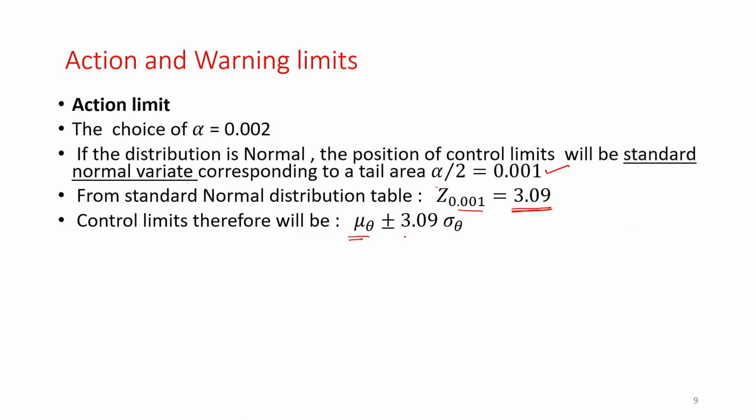Mu theta plus or minus 3.09 sigma theta. The value of Z is 3.09, and therefore the limits become the mean value mu of theta, the parameter theta in which you are interested, plus or minus 3 times sigma theta, the standard deviation of theta.